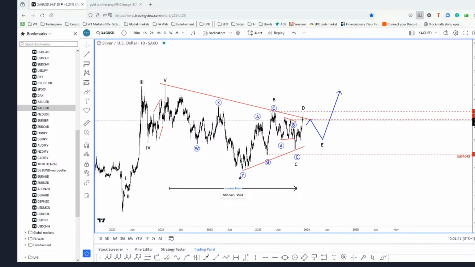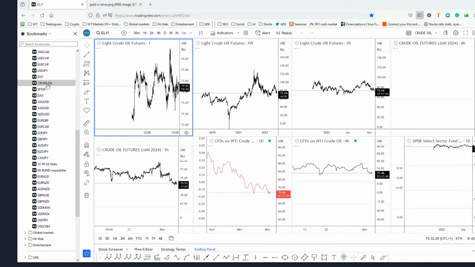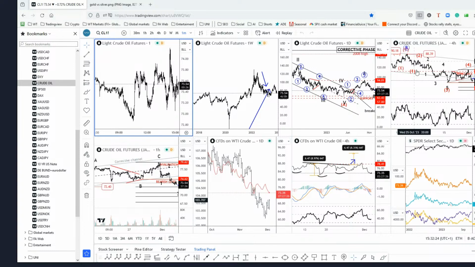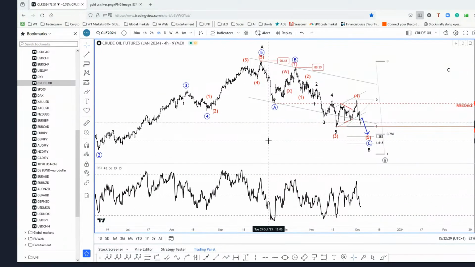Now, let's take a look also at crude oil. Okay, so crude oil last week, as you know, came to the downside despite the fact that OPEC and its members tried to stabilize the market prices with potentially new cuts for 2024. We first saw a move to the upside, but $79, $80 per barrel was a major resistance for crude.